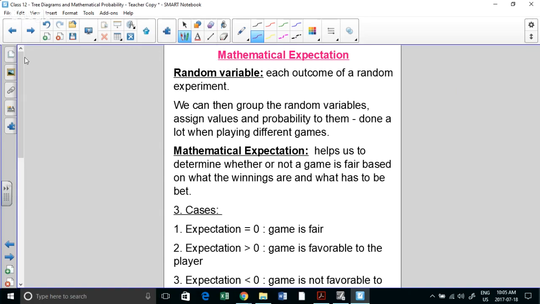A mathematical expectation is what we get when we play some sort of game, or do some sort of big experiment, but basically it's always presented as a game. What is the value that we expect to get on average if we play the game enough times?